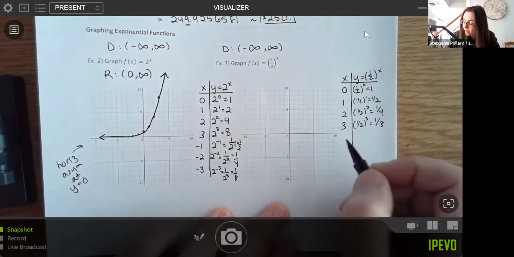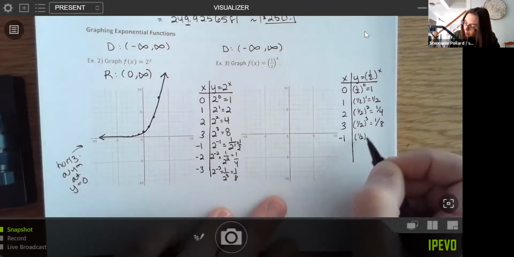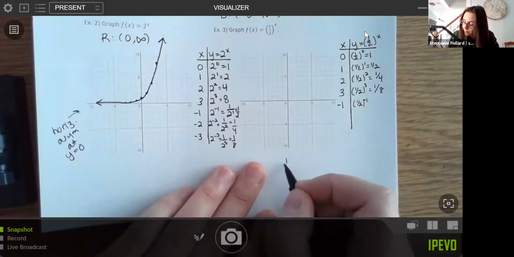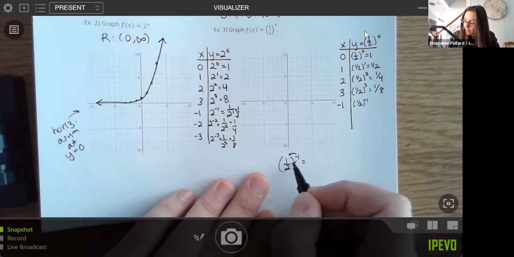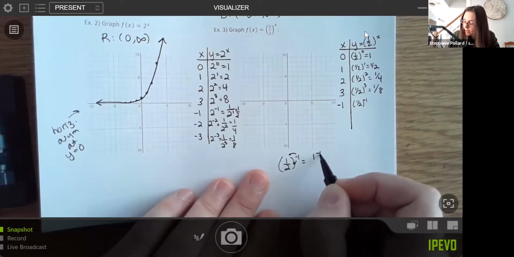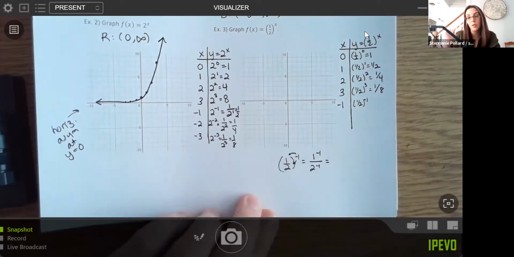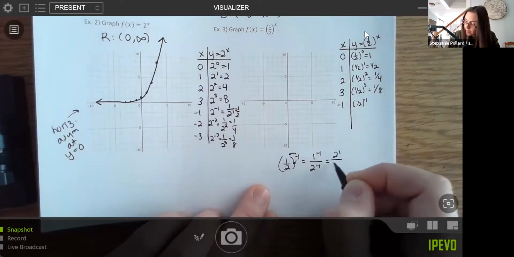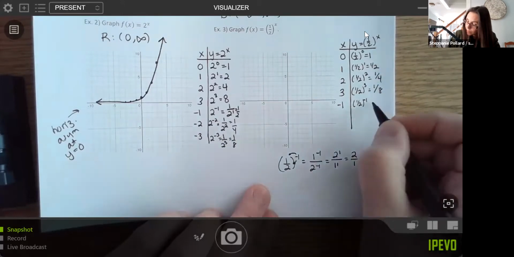If I plug in some negatives, if I plug in -1, let me do this work off to the bottom for a second. So that -1 can be distributed here. So I have 1 to the -1 and 2 to the -1, and a negative exponent means to flip. So it's going to take this 1/2 and turn it on its head and make it 2 over 1, which is 2.